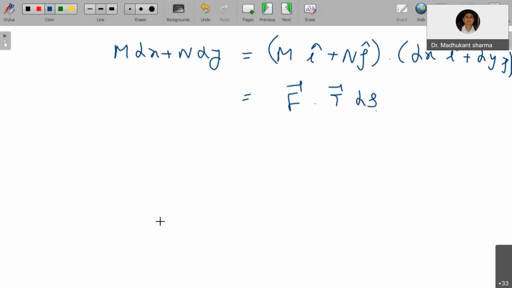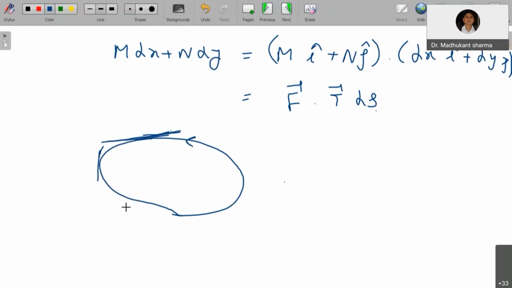So here is the simple closed curve C. At any point, it is F dot T. You are moving in the direction of the tangent, and the force is acting in the direction of this, so it will move along this.